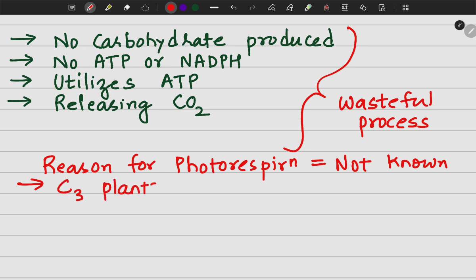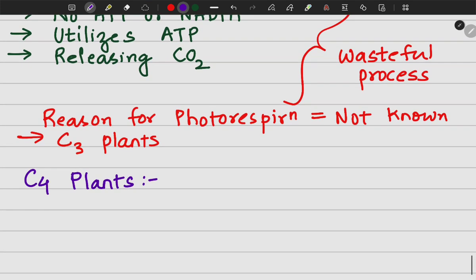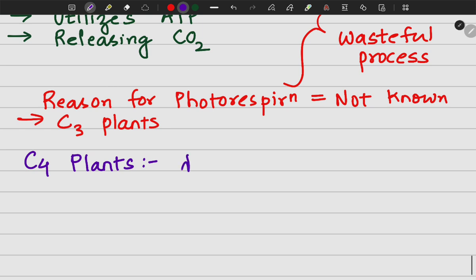Now if we talk about the C4 plants, we studied about the C4 plants in the previous lecture, right? When we studied that, the C4 plants are those plants which grow in the places of dry and hot climate. So they are already adapted to the hot climate.